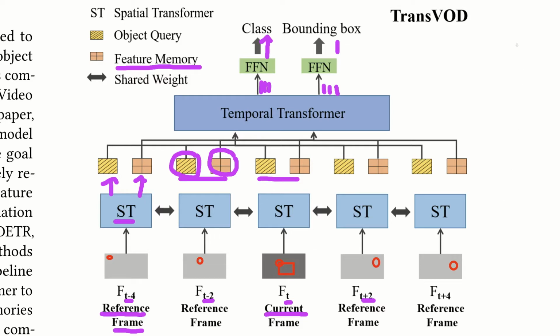So this is the overview here. And today we're going to look in more depth at what's happening in this spatial transformer, and also how this temporal transformer works and how we can interpret these object queries and feature memories.